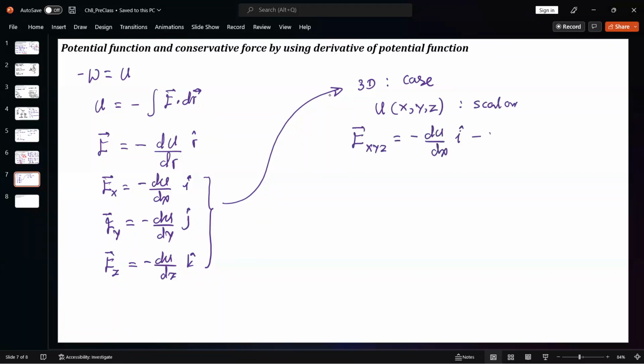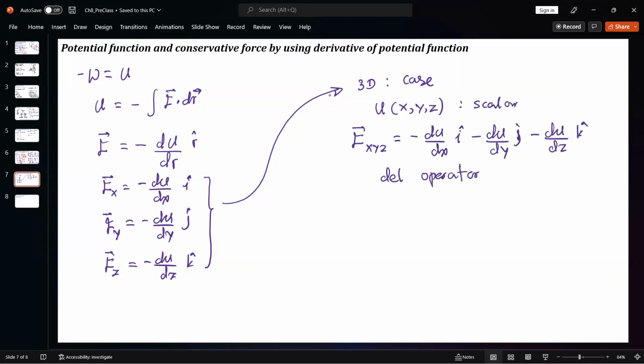I had negative du over dy j hat, negative du over dz k hat. This we generally write using what we call the del operator. So this is now a partial derivative.